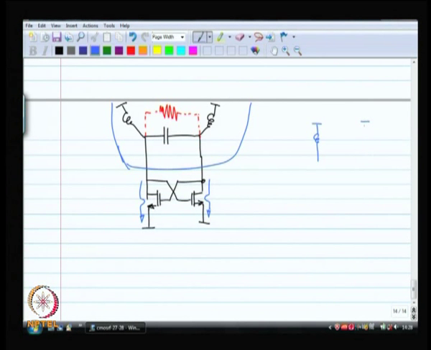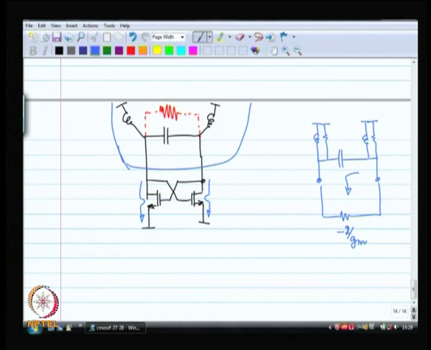Actually, the resistor does not appear there. This is the circuit that you have, and looking in from here I see an effective resistance which is really negative, and the value of that resistance is something like minus 1 by 2 by Gm.